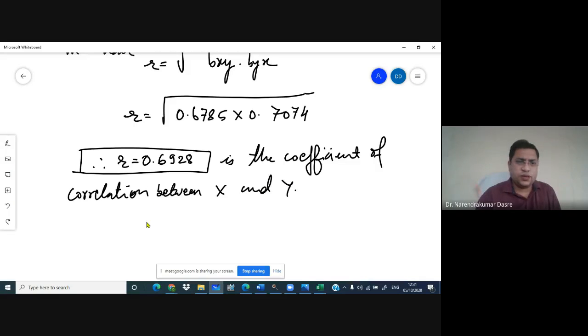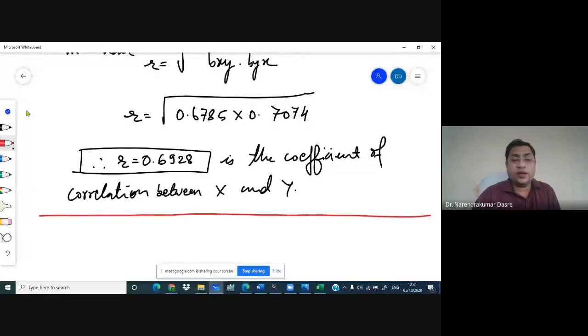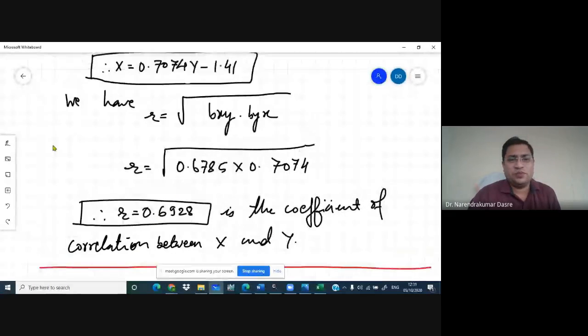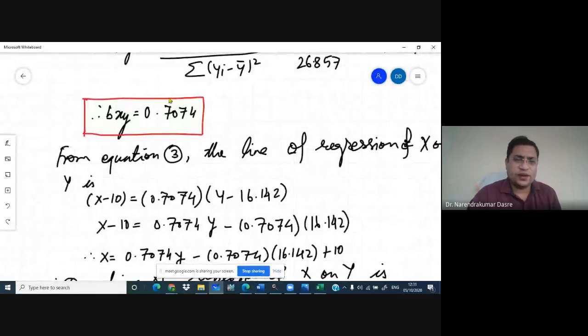This way we are able to get the coefficient of correlation between x and y. And here, the coefficient of correlation suggests that we are 69% sure that this is going to happen. Whatever we have calculated or predicted, the chances of that happening are 69%.